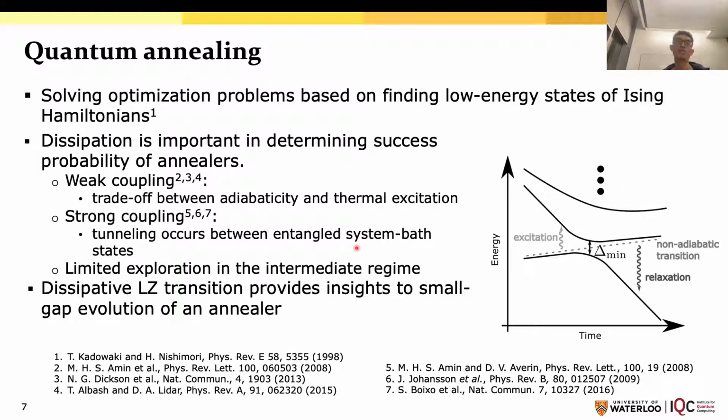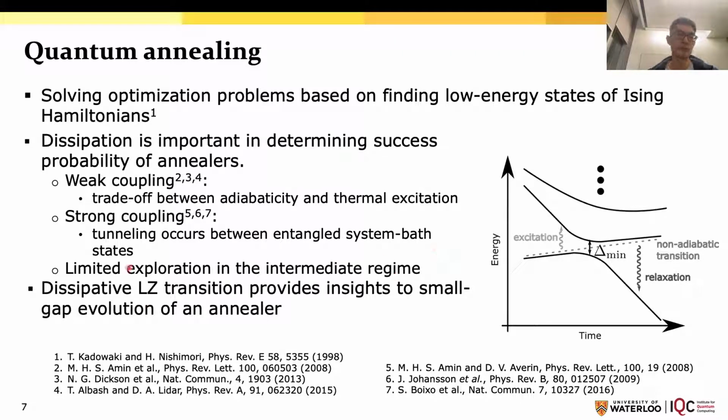And in the strong coupling limit, tunneling occurs between entangled system-bath states, and the system tends to be localized in some local minima, not being able to tunnel to the global minima.